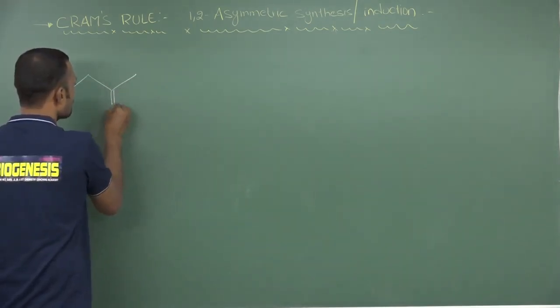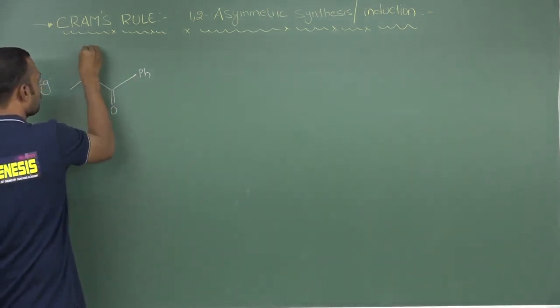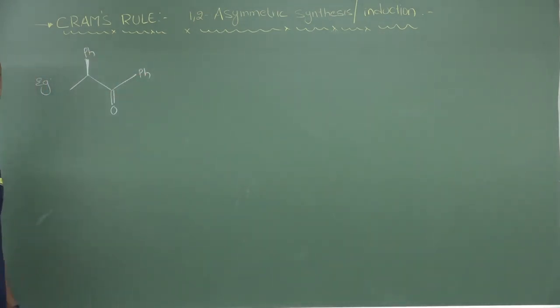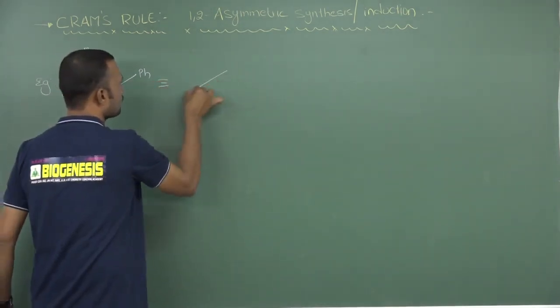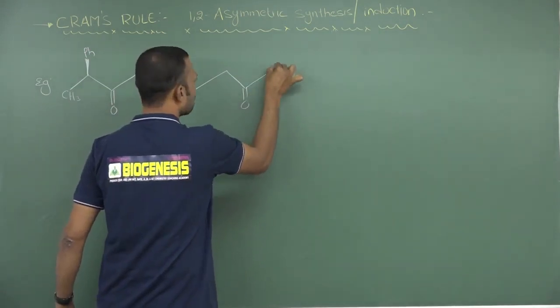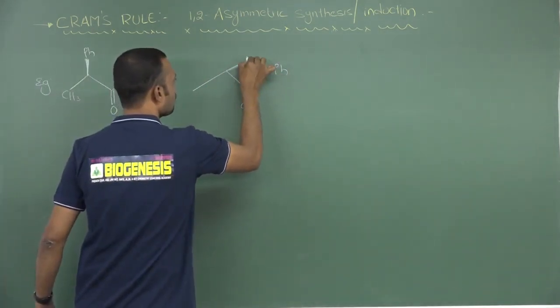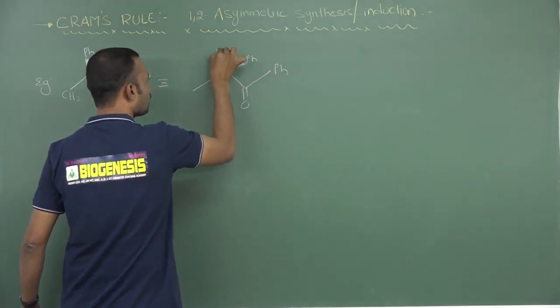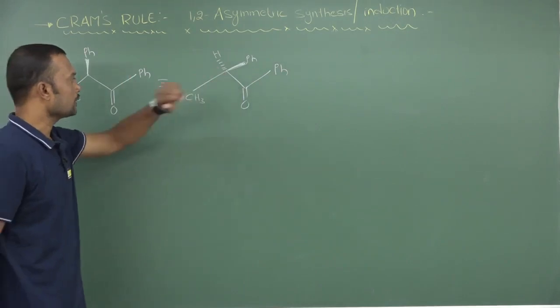See here, this is the carbonyl group and this is Ph, and they have given Ph over here like this. So if they give it like this, this is CH3, this model can be represented like this, C double bond O, Ph. They won't give hydrogen here. So you should write hydrogen in such a way that it is away from the observer. So you can write like this.